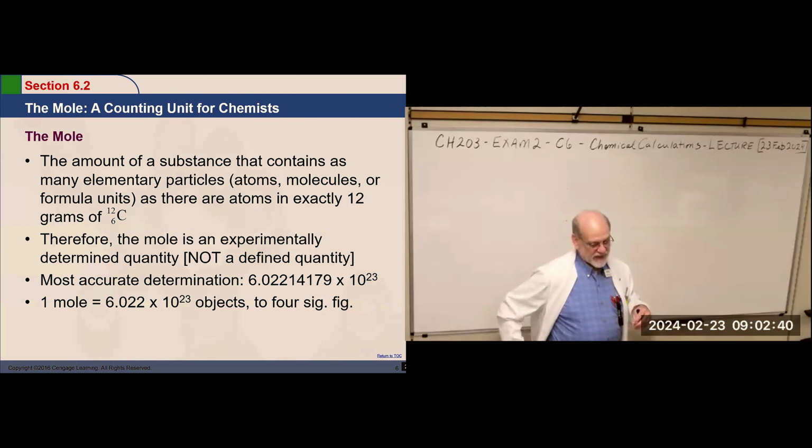So in this case, mass would be the best choice. And our balances aren't set up for masses in atomic mass units. They're set up for grams. So what we need is a unit that gives us enough atoms or enough molecules of a compound that we can measure it in grams on our balance. And that unit is the mole.